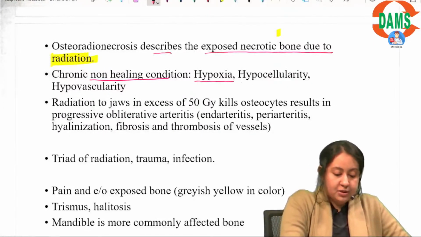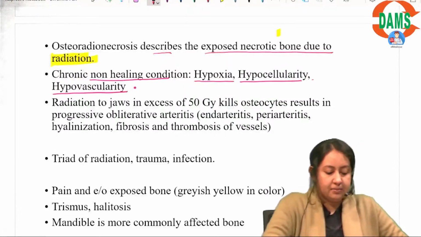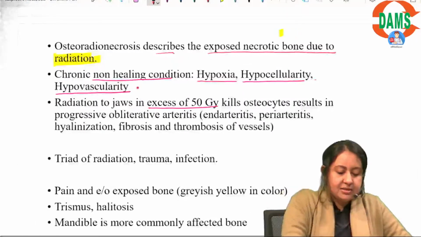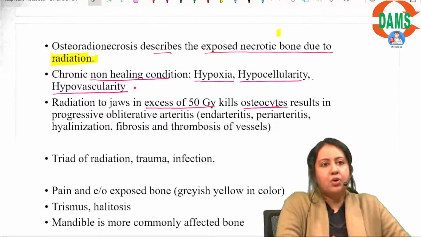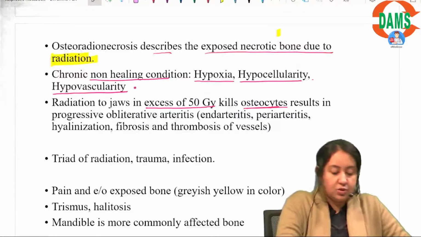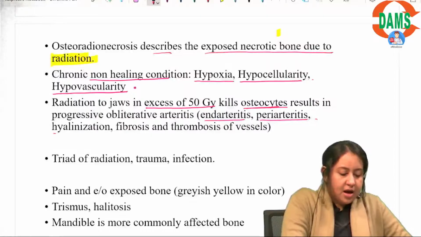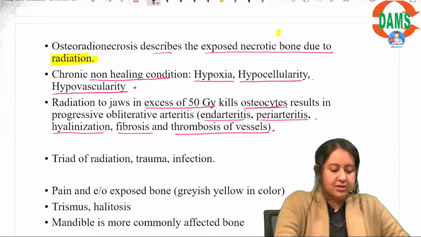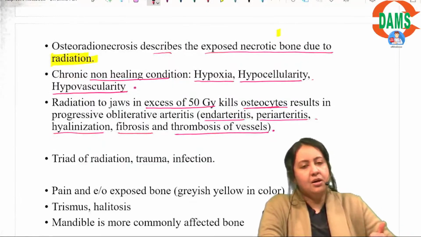There will be hypoxia, hypocellularity, and hypovascularity. Radiation in excess of 50 grays kills the osteocytes and results in progressive obliterative arteritis, also known as endarteritis, periarteritis, hyalinization, fibrosis, and thrombosis of vessels. In simpler terms, what is happening?